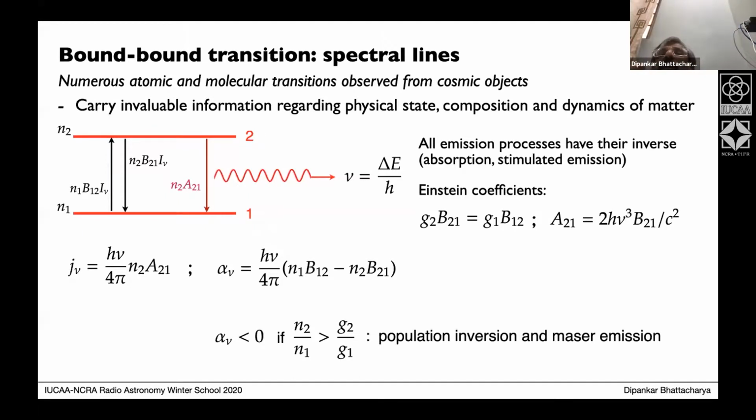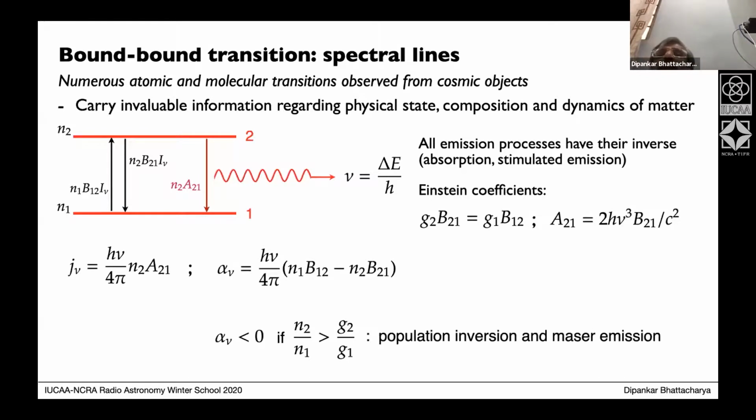Now, these terms can be gathered to express our familiar emission coefficient and absorption coefficient. The emission coefficient is the number of spontaneous radiative transitions per unit time, which is proportional to N2 times the probability A21, times the energy carried by each transition, h nu.